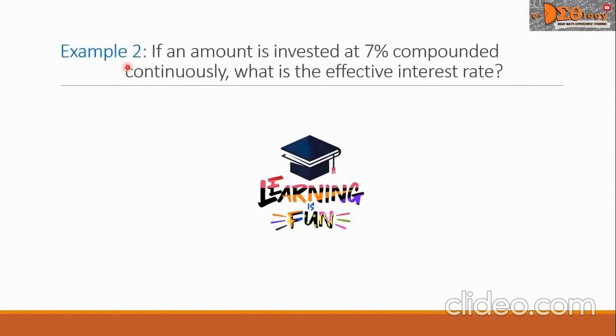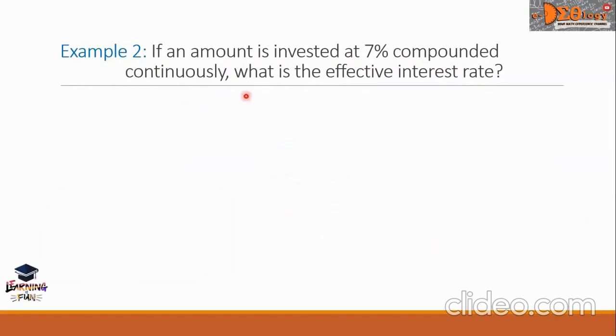Let us see this example too. If an amount is invested at 7% compounded continuously, what is the effective interest rate? In this type of problem, we are going to use a special formula, and that is capital E equals small e raised to r minus 1, where this capital E is the effective rate.